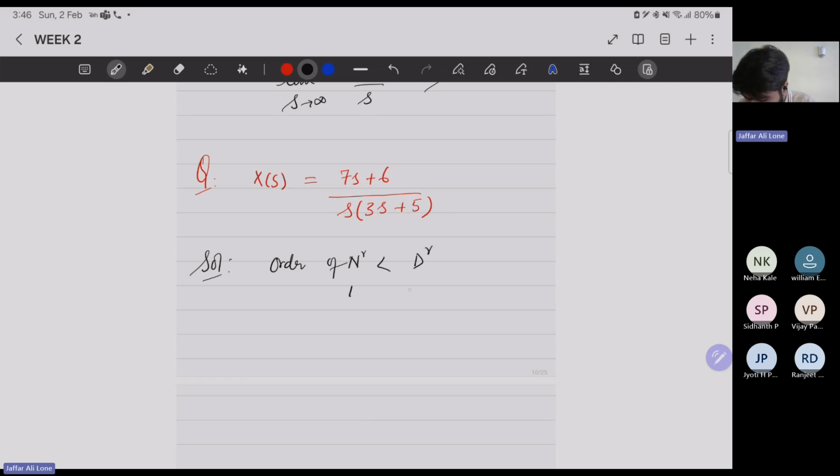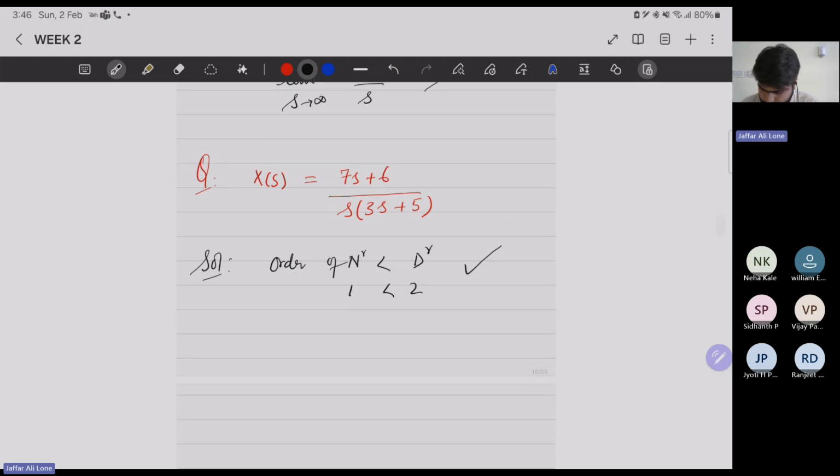This is 1, this is 2. So we can apply the initial value theorem. Similarly, now we have to see the poles. The poles are also in the left half plane, so we can also apply the final value theorem.